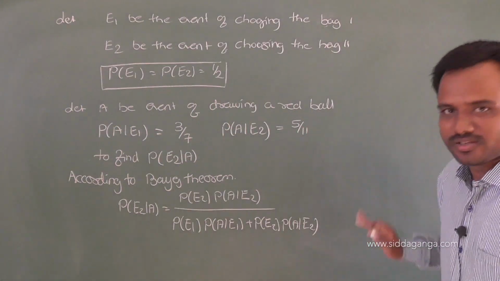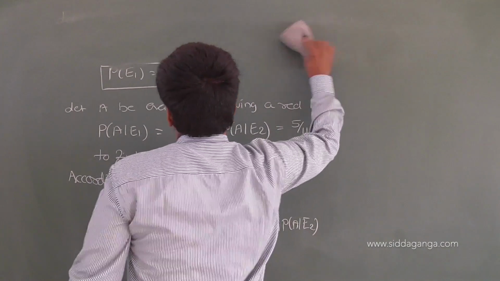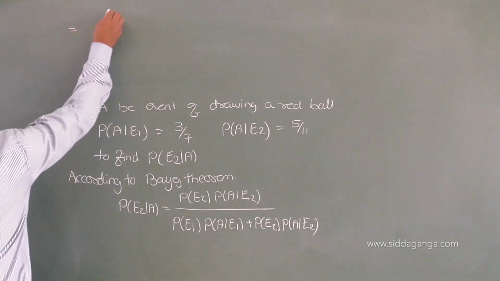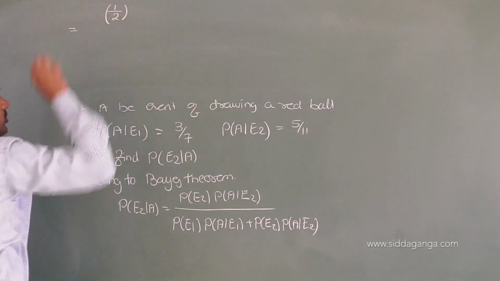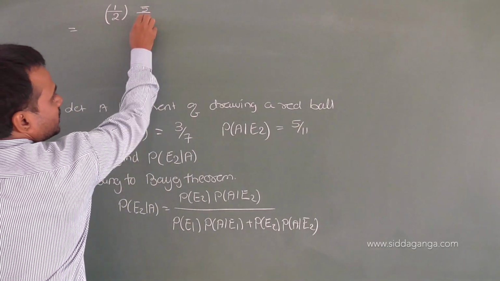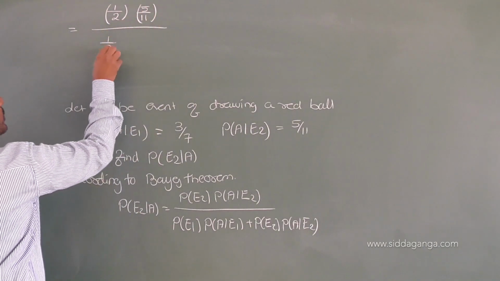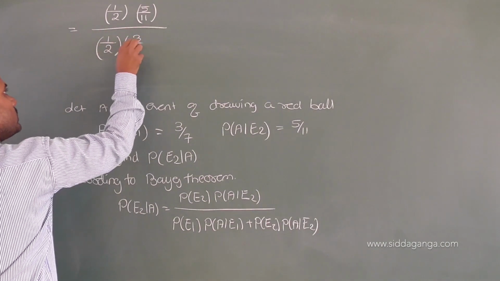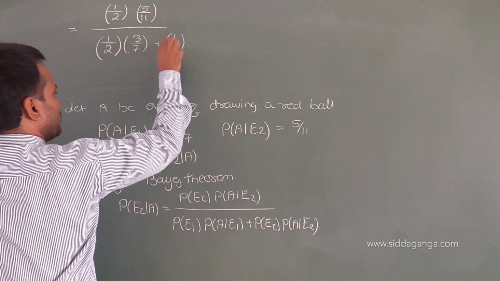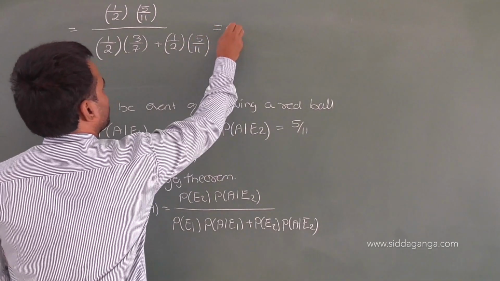Substitute all the values. So after substituting, that is equal to 1 by 2, P of E2 is 1 by 2, 1 by 2 into P of A given E2, 5 divided by 11, whole divided by 1 by 2 into 3 by 7 plus 1 by 2 into 5 divided by 11.